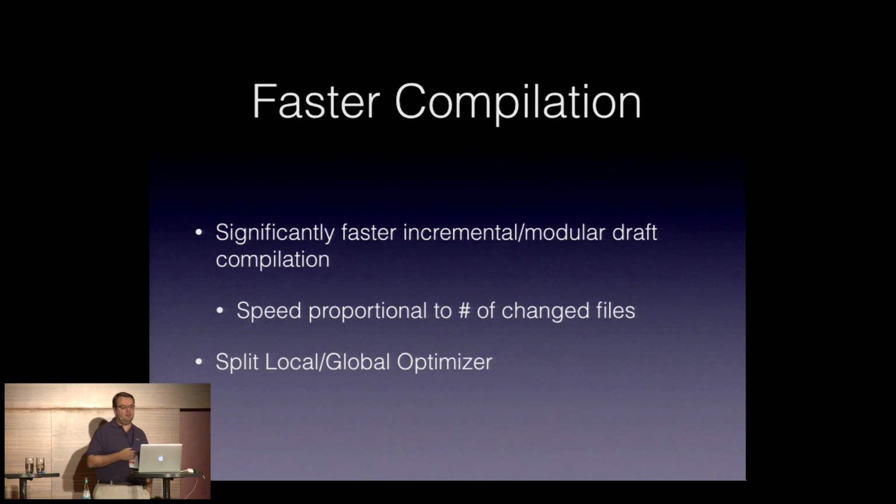And so there was a presentation given in San Francisco on the next generation modular incremental compilation stuff that we're working on. Ultimately, we're hoping to get the speed of compilation proportional to the number of changed files. Right now, it's proportional to the number of modules that have been changed. But essentially, if you edit one .java file, where we want to be in the future is that it recompiles that one file and then reloads the page. It doesn't recompile the entire world as the WIP compiler does today.